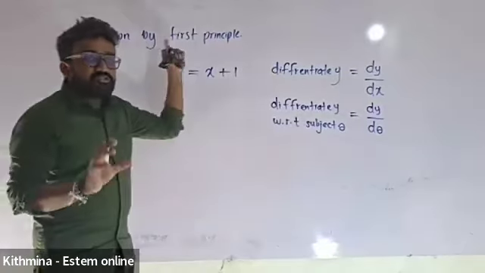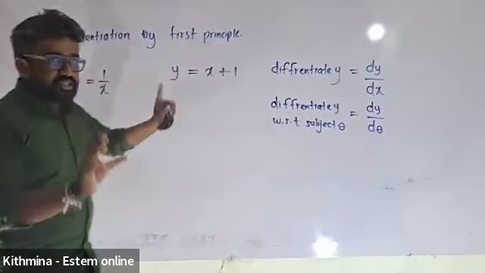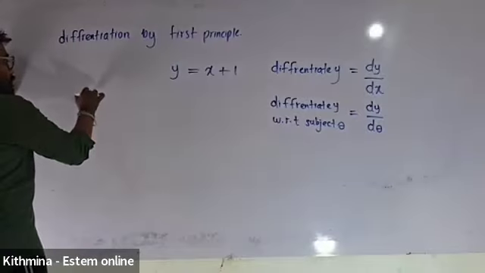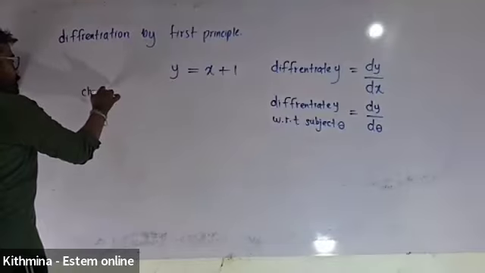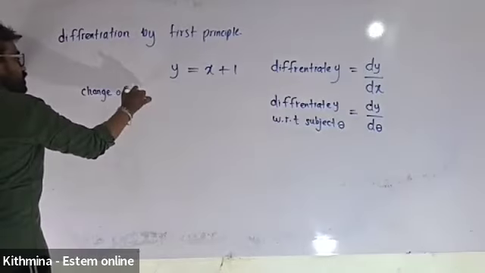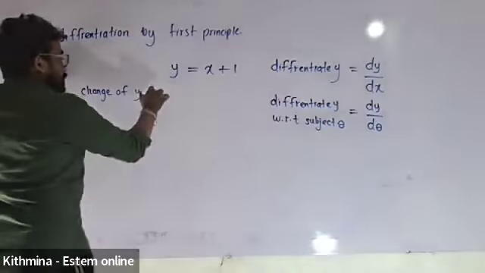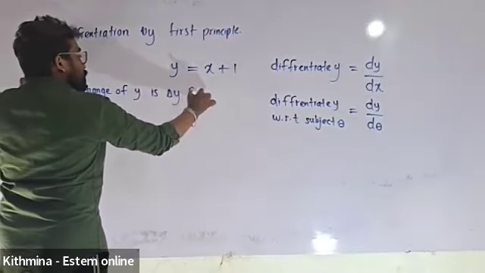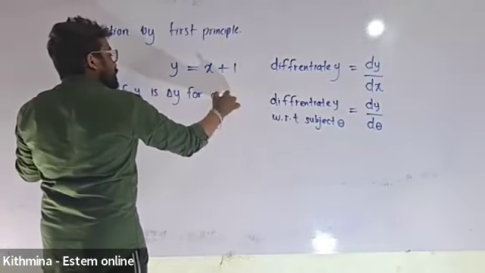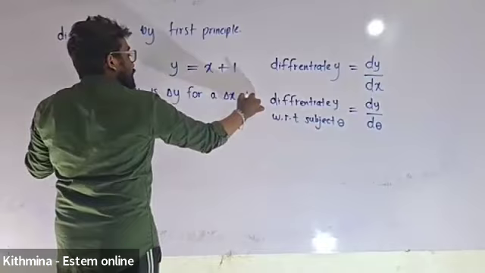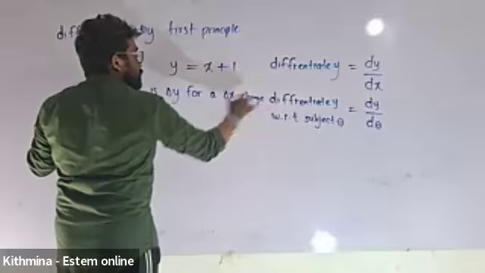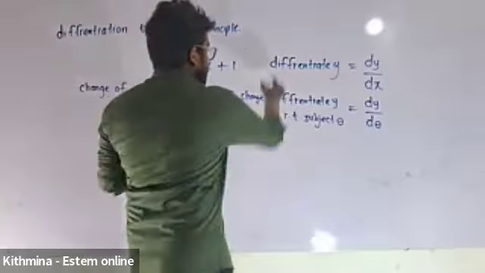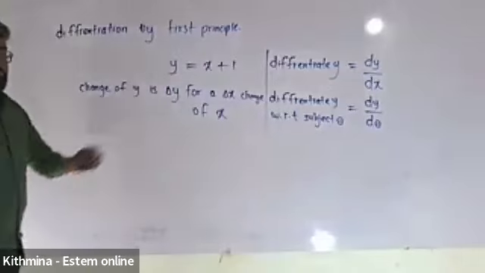If we are using first principle, the first thing is we should write this. Change of y is delta y for a delta change of x.